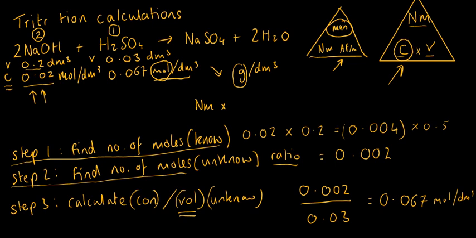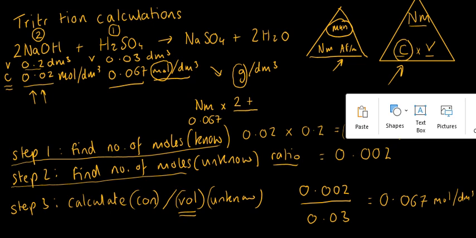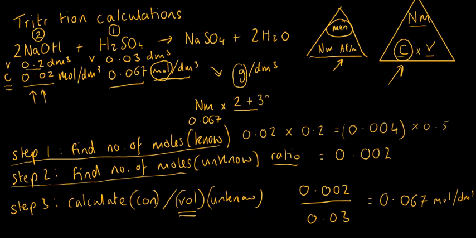So my number of moles here is 0.067 and my formula mass of H2SO4 is H, which has an atomic mass of 1, and there's 2 of them, so that's 2, plus S, which is sulfur, which is only 1 of them, and that's 32, plus O4, so that's 4 oxygens.